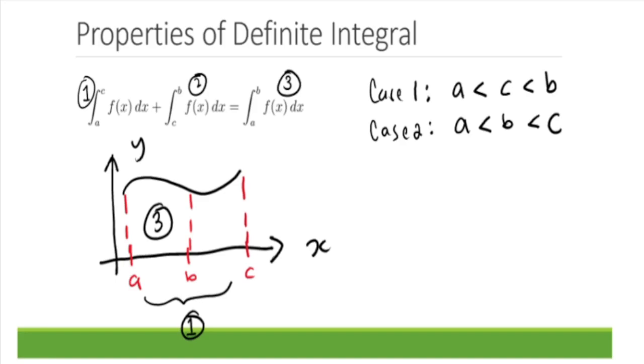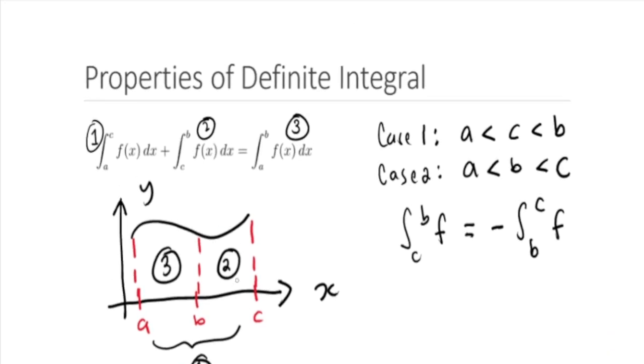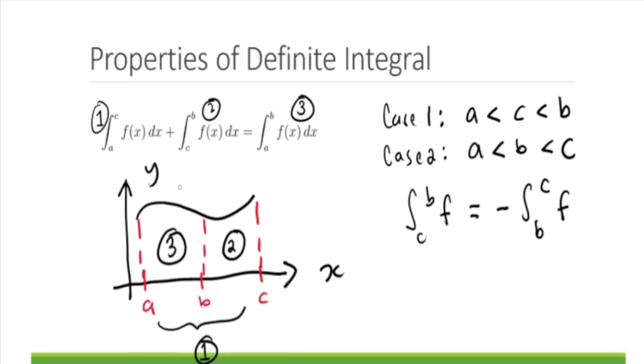Our 2 is, if we use the first property presented in this video, technically equal to negative the definite integral from B to C of F. So from this entire thing, we subtract 2. This is 1, we subtracted 2, and the result is 3.